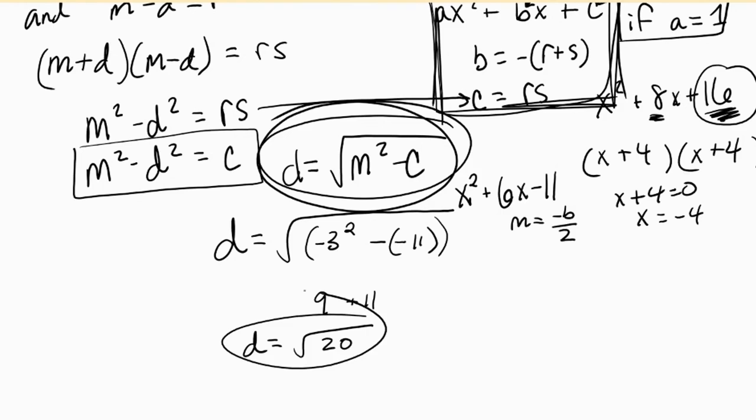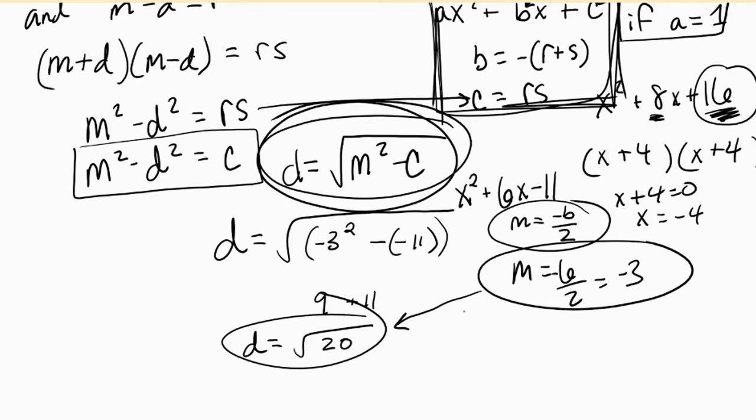And really here, we now have enough information. Or I guess I could say m equals -6 divided by 2, which is just -3. So now we have all the information we need to find those roots.